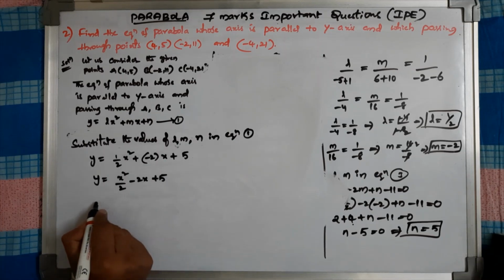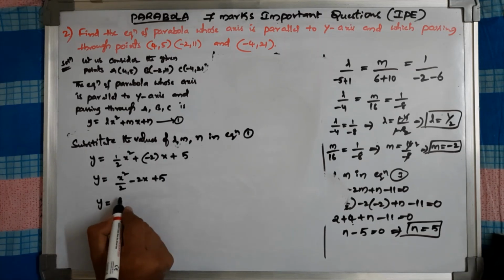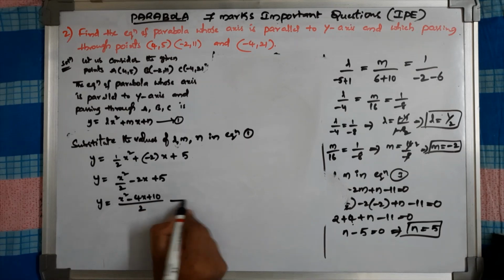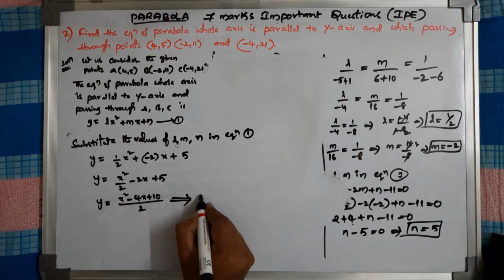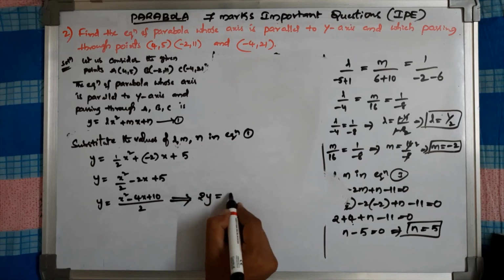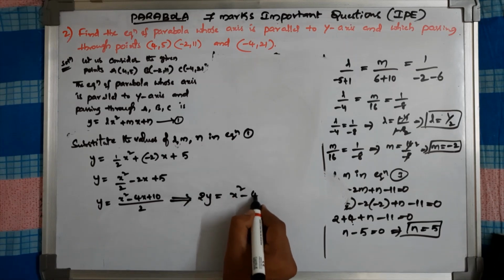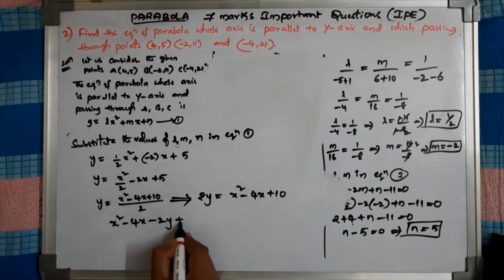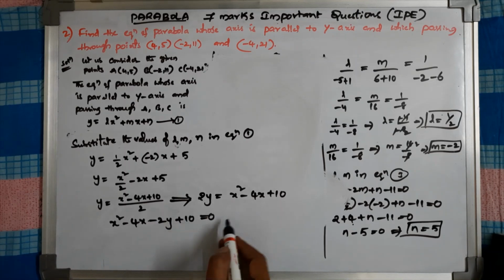You get y is equals to, take 2 as LCM, x square minus 4x plus 10. As you can take 2 here, 2y is equals to x square minus 4x plus 10. You can take 2y here, x square minus 4x minus 2y plus 10 is equals to 0.